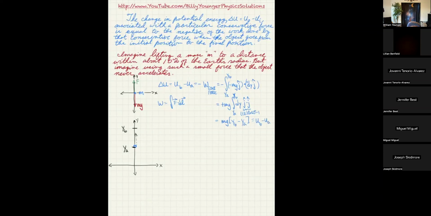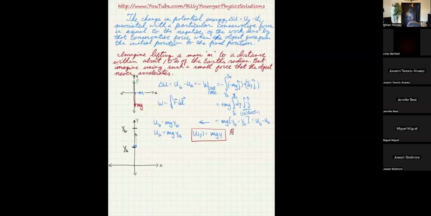So from that, we can tell that UB is equal to mgyb and UA is equal to mgya. And in fact, more generally, U as a function of y is just equal to mgy, and that is our potential energy associated with gravity.